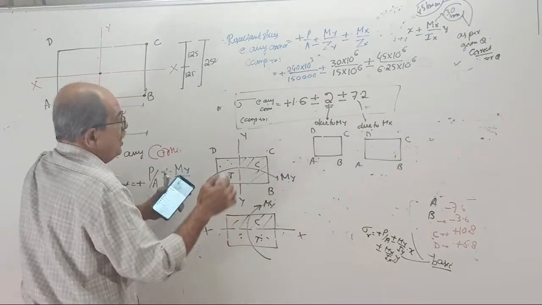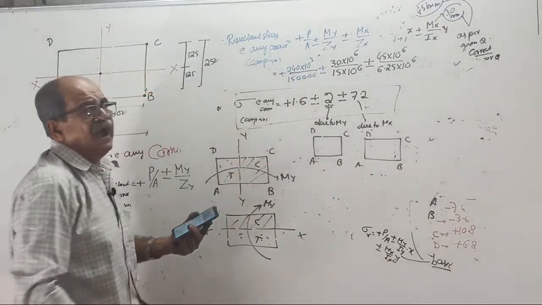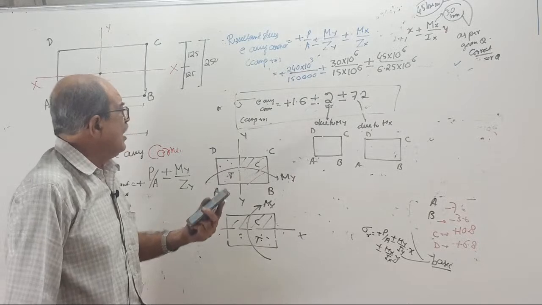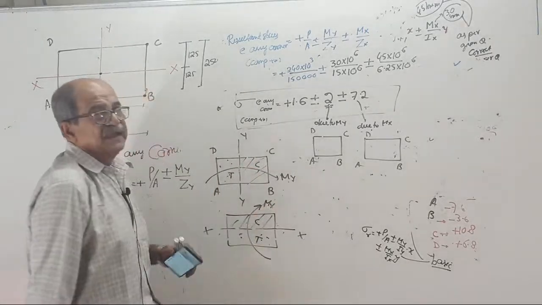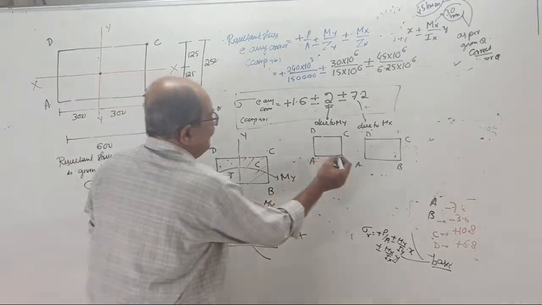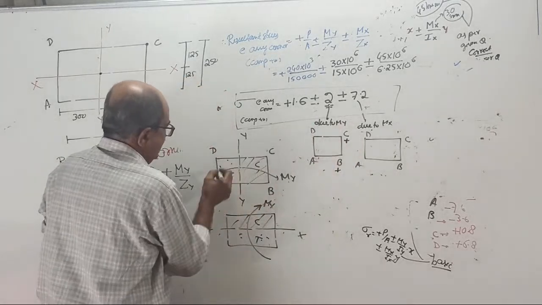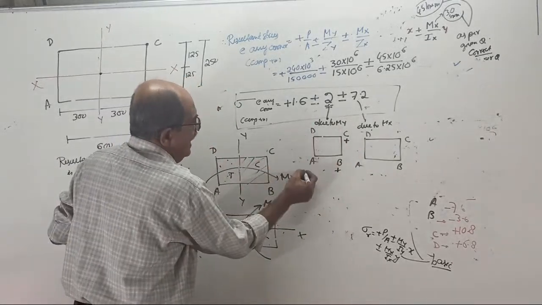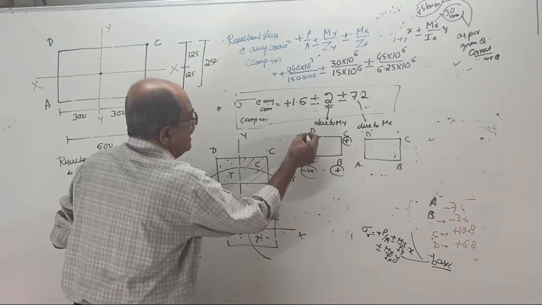When I use the plus or minus, which point do I have to use positive, which point negative? See the diagram here. My is like this. Next class I will give more clarity. B and C positive, whereas A and D tension, A negative, D negative, over.